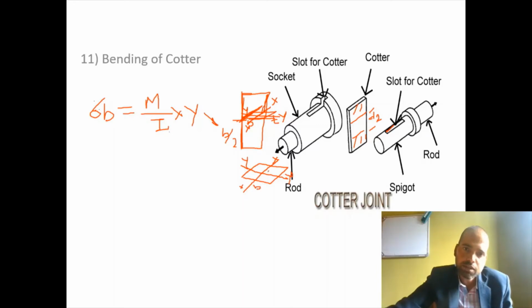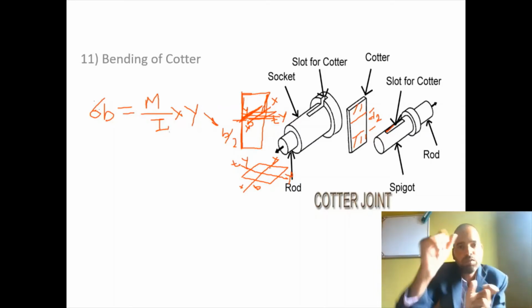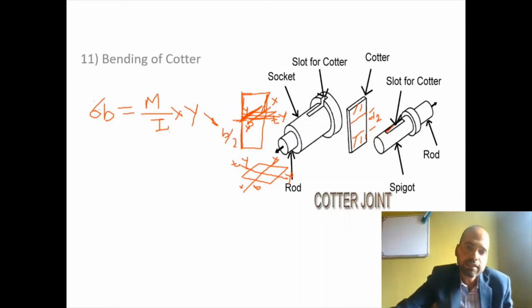This dimension is b, this dimension is thickness. So where does the bending take place? The bending takes place vertically with respect to axis xx. Hence the extreme fiber with respect to axis xx is b by 2, right?